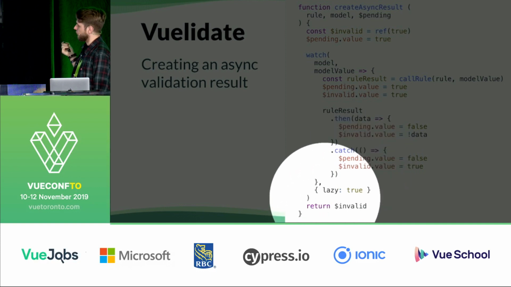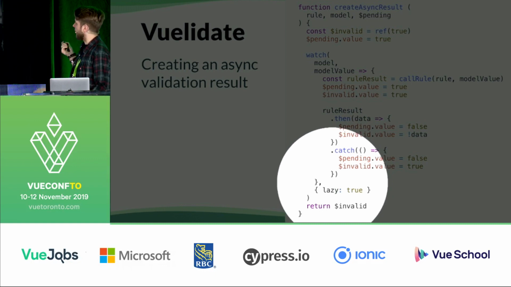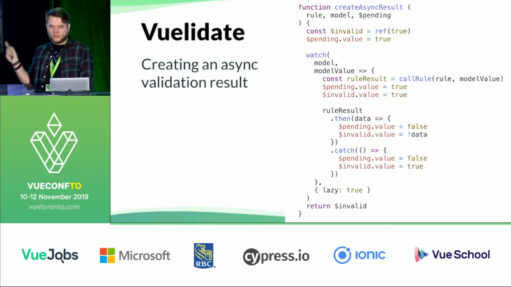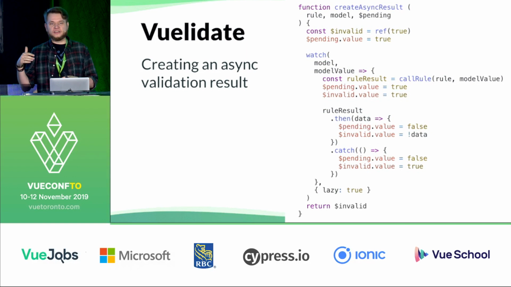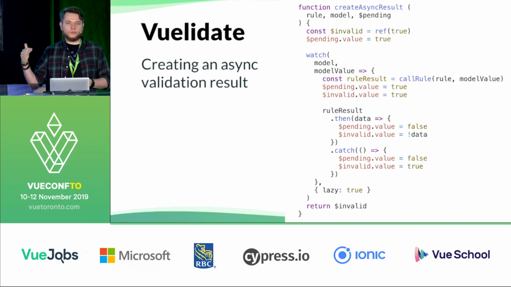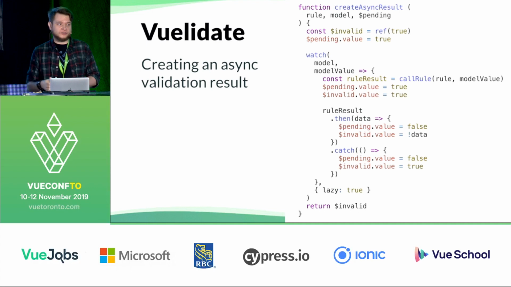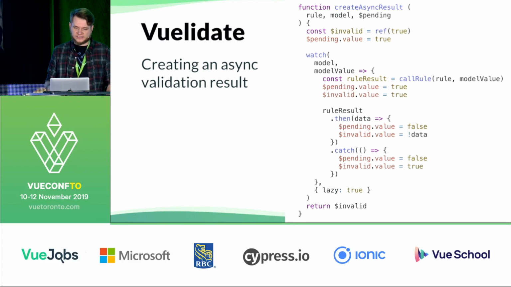We can set it up to be lazy, so it doesn't run the asynchronous validation once we create it. And then we just return the invalid state, which is pretty cool because we managed to unify the interface. So no matter whether it's an asynchronous validator, a synchronous validator, or maybe other types of validators in the future, it just returns the invalid property, and that's it.